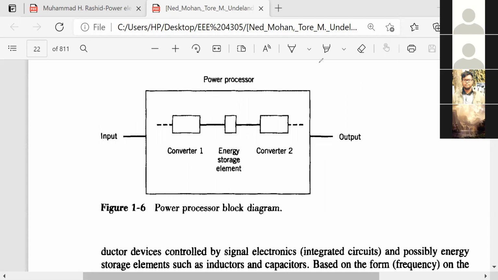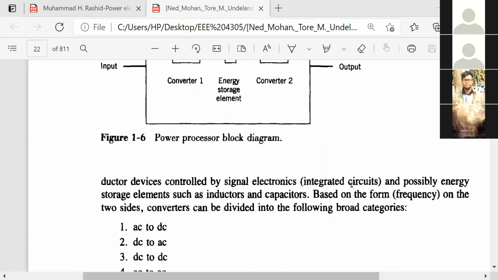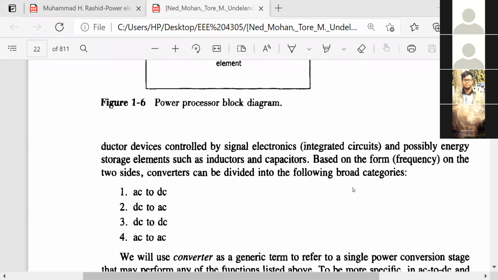We'll go into details in the coming classes. So in the classification, what could be the converters inside that power processor? AC to DC is nothing but the rectifier. Rectifiers could be 2 types.